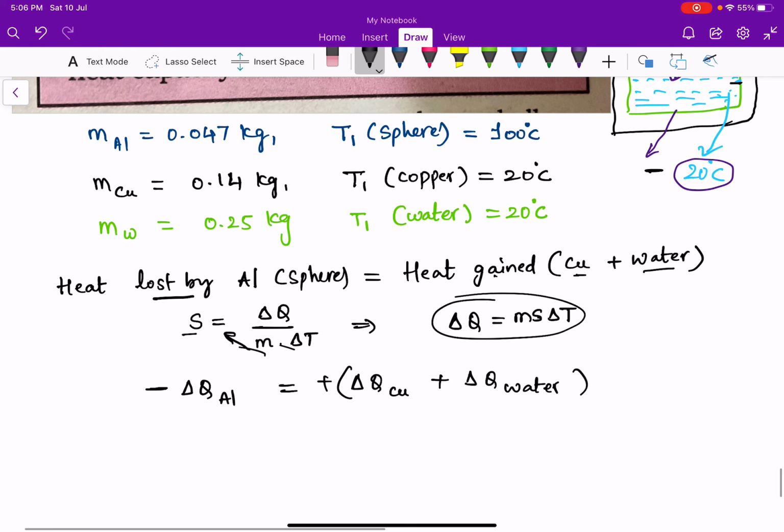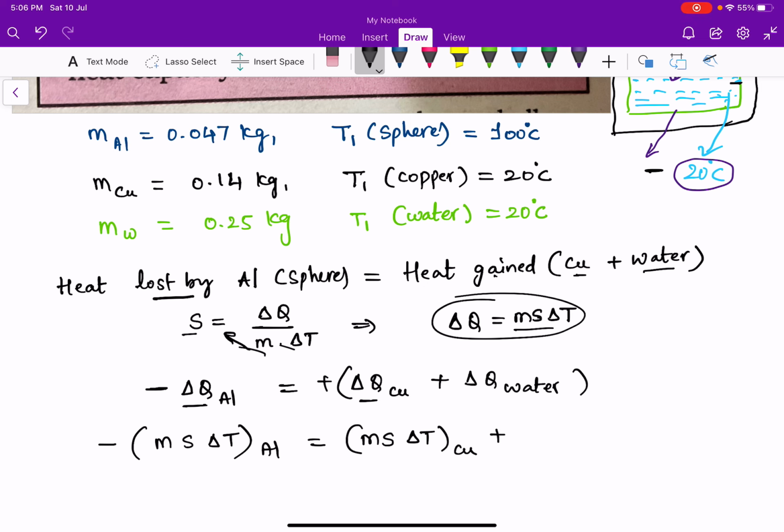So now delta Q is nothing but minus M S delta T for aluminum, is equal to delta Q of copper, which is M S delta T for copper, plus M S delta T for water.